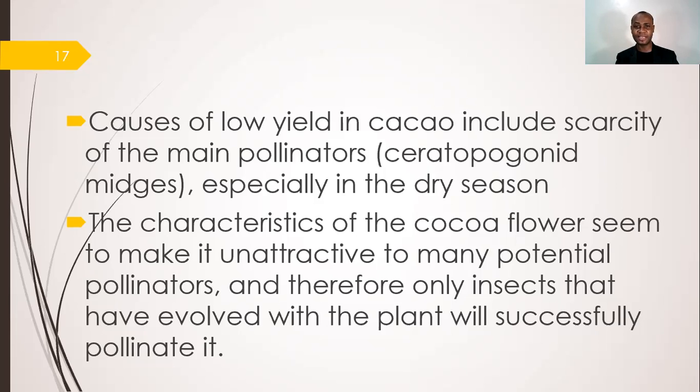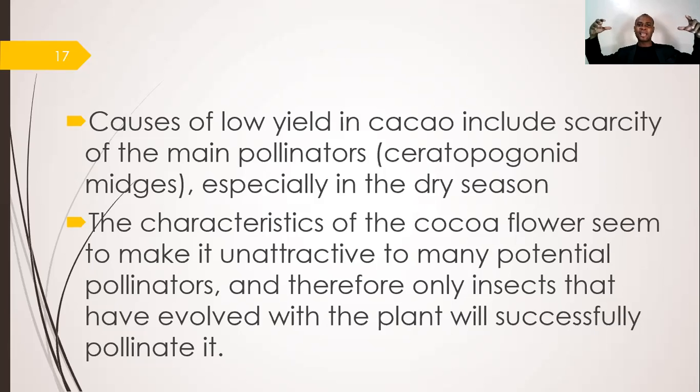What that means is that, unlike many other flowers with nice-looking petals and bright colors that attract insects, cacao flowers are not like that. According to some research, the cacao flower does not have any significant odor, scent, or fragrance that attracts insects.